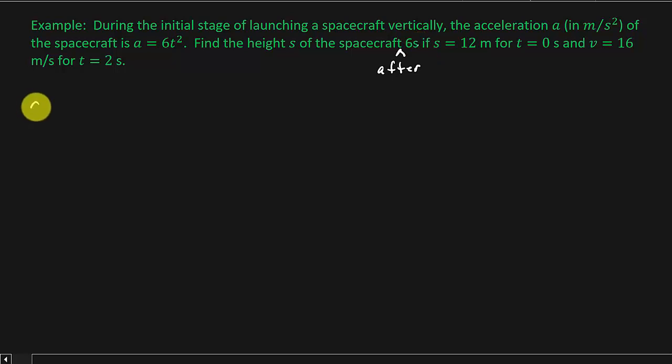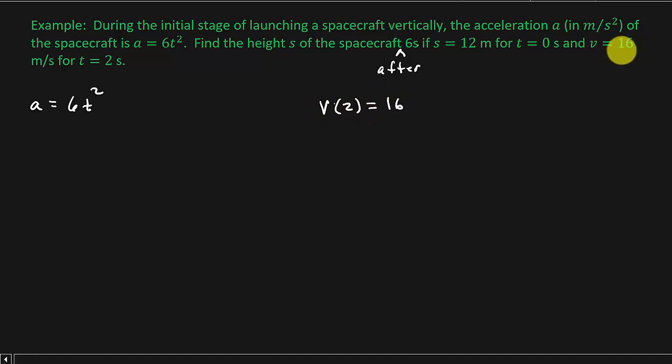All right, so let's see. We've got the acceleration is equal to 6t squared. And let's write down some other stuff that they give us. They want to find the height of the spacecraft after 6 seconds. So that means we need to find our displacement function. We'll look at this information over here. It tells us that V of 2 is equal to 16.